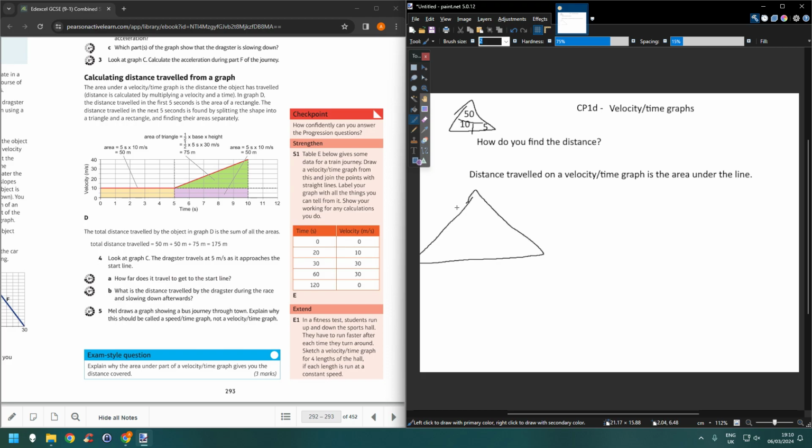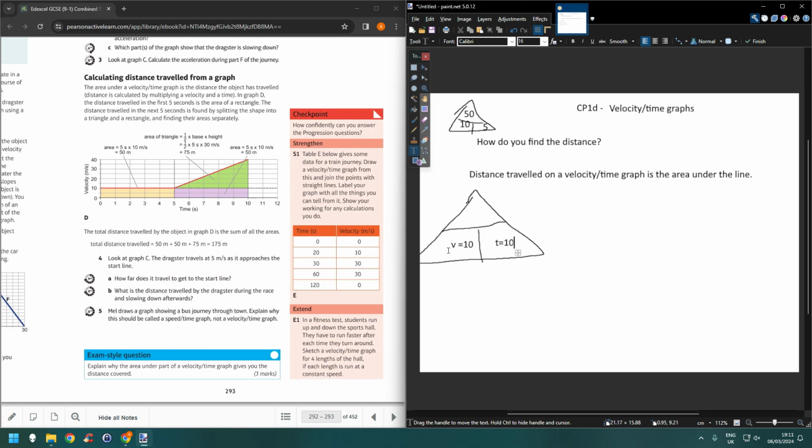If we draw our formula triangle again with speed or velocity, let's say a velocity of 10, and time, let's say 10 seconds, the distance travelled is the area under it, because the time goes along here and velocity goes along here, and to find distance you multiply velocity by time, and to find the area of a rectangle you do that times that, because velocity and time are the two sides of the rectangle.